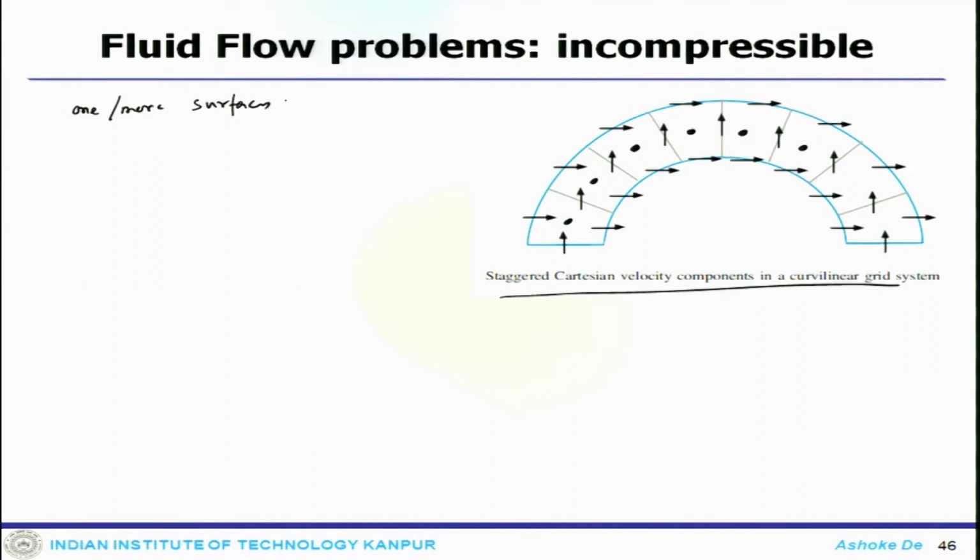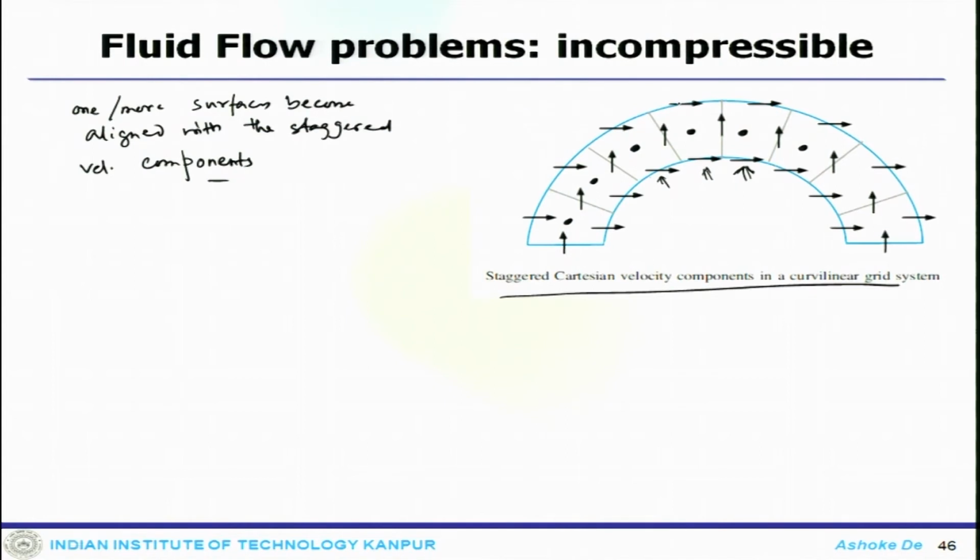Now, if that is the case, then this can be a problem when one or more surfaces become aligned with the staggered velocity component. So, as you can see, when you come down to elements like this one and this one, this particular phase component of the velocity, the U component, is pretty much aligned with the geometric alignment.